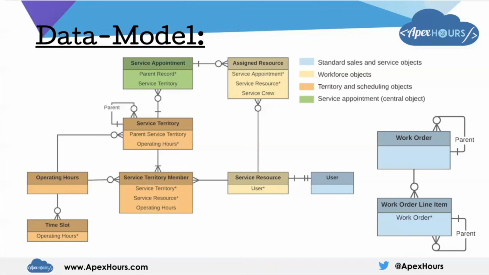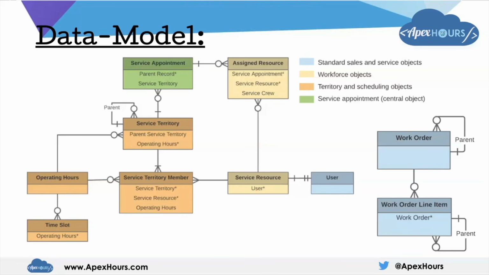Now, where the work occurs. Of course, if there is something assigned to a service resource, there must be a place wherein this work needs to be performed, right? So the place where the work will be performed is the service territory. Service territories are the places where your team can perform field service work and are a way to organize your service resources.